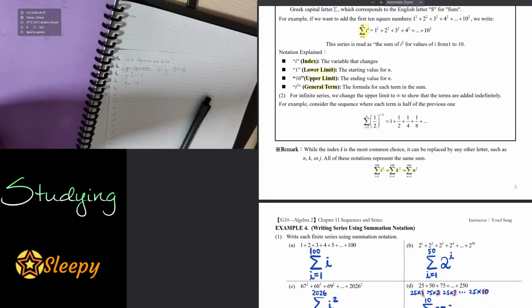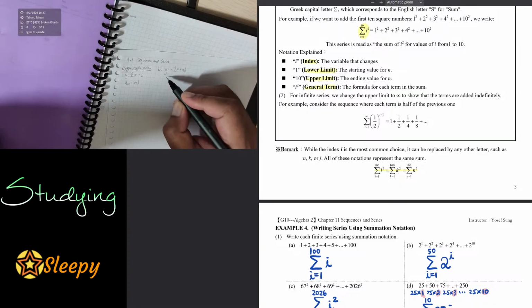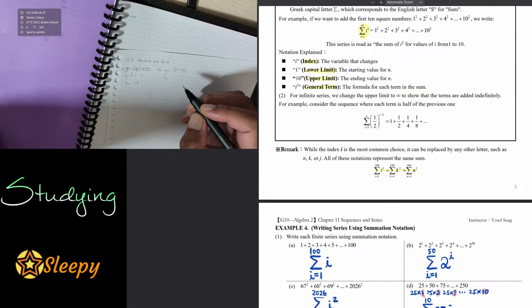And then A10 is minus 15 plus 9.5, which is minus 5.5. Minus 5.5, yeah.